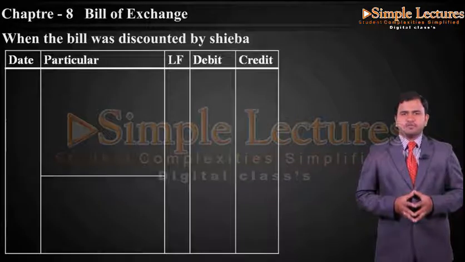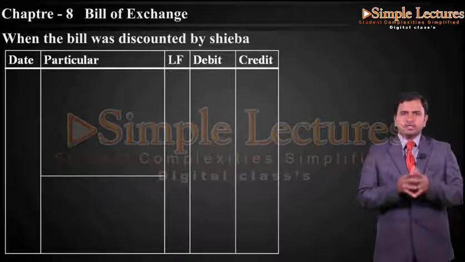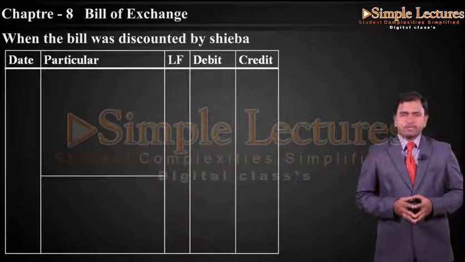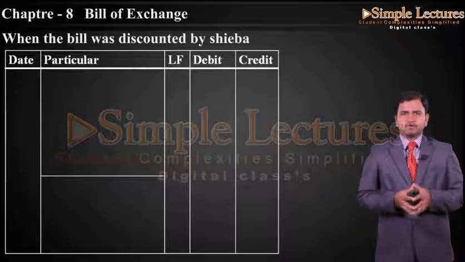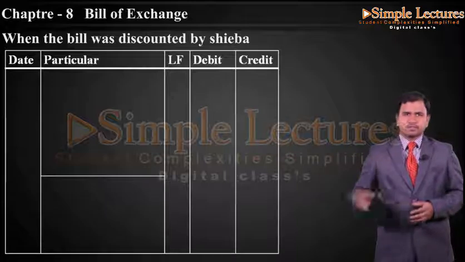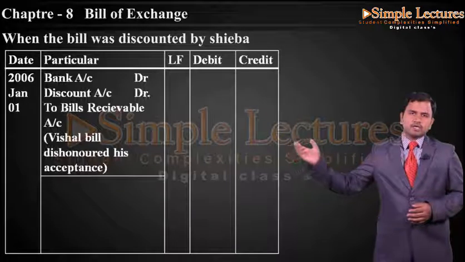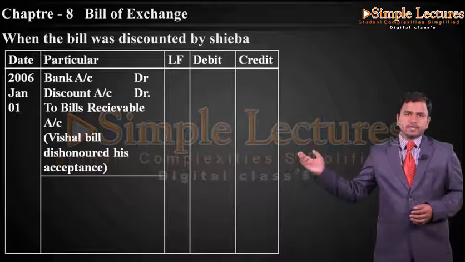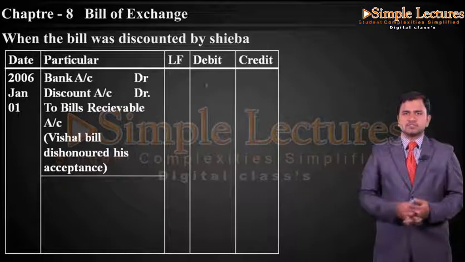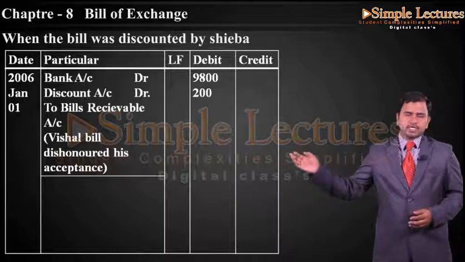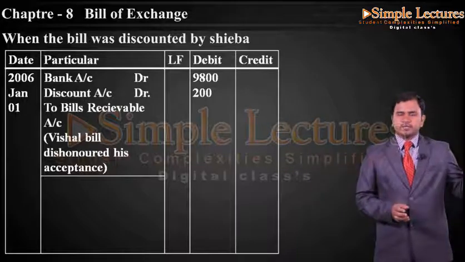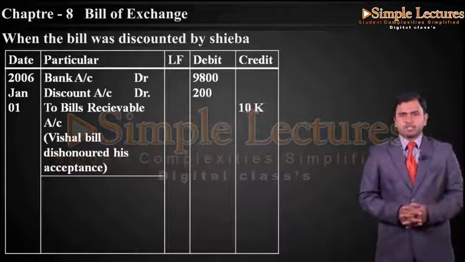And the next entry will be for the discounted bill here. Where the bank account will be debited and discount account will be debited because it is a loss here. So here the entry will be bank account debtor, discount account debtor. Bank account debtor is 9,800, discount account debtor 200, and to bills receivable account 10,000.